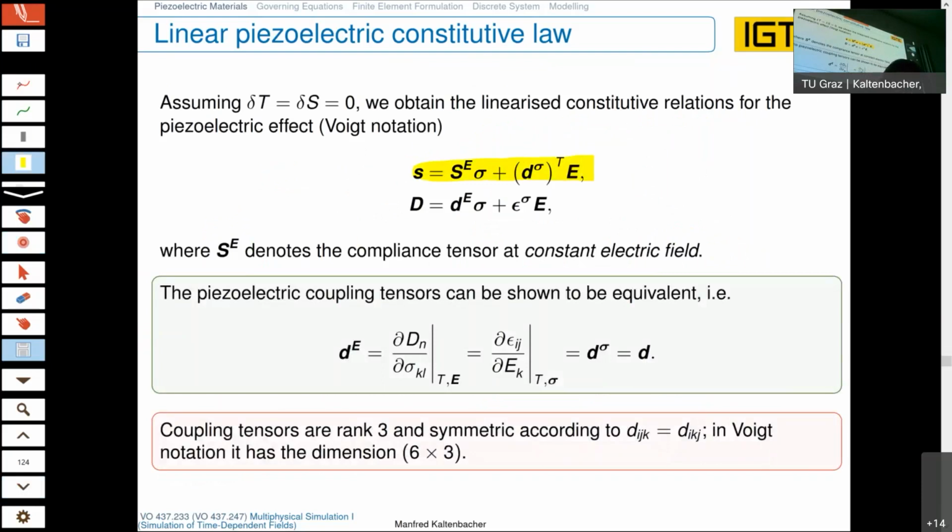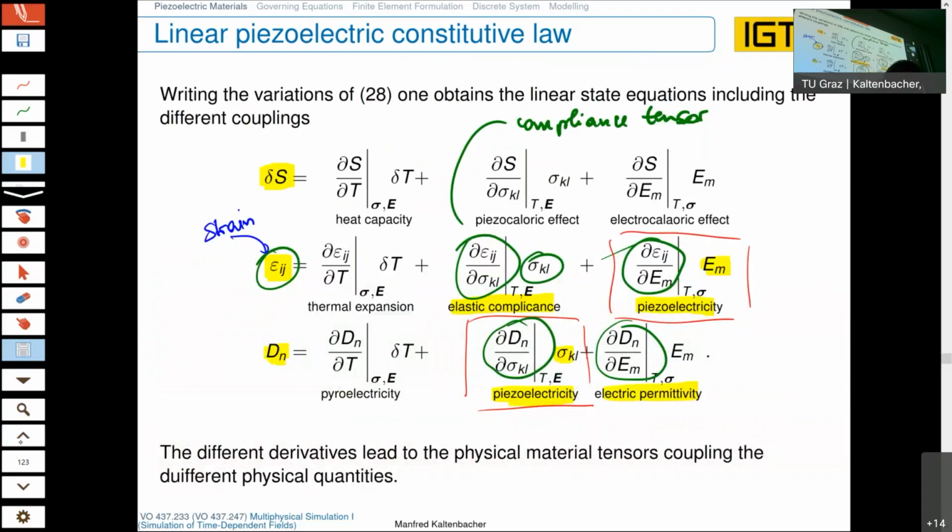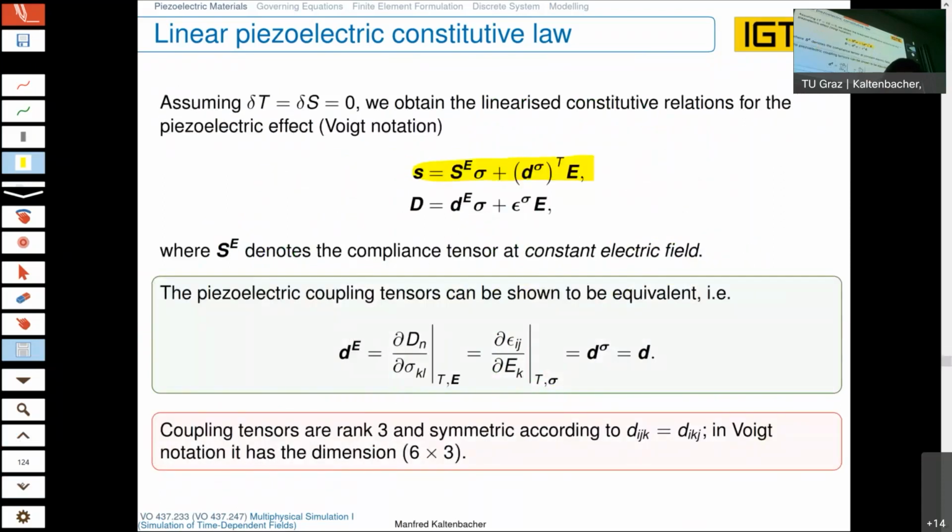And we have, as I have shown, Hooke's law extended by this term. So we see that a strain is also generated due to an electric field E. And we have the extension of the classical dielectric constitutive equation. And we see that we also get the electric displacement due to mechanical stresses.